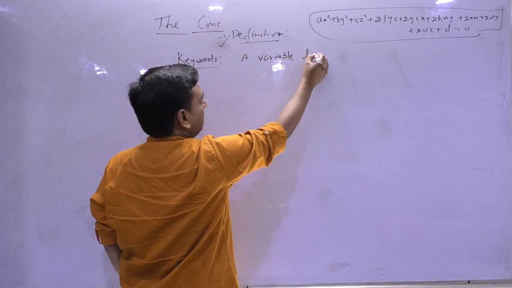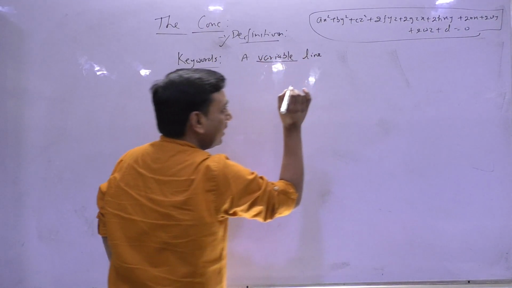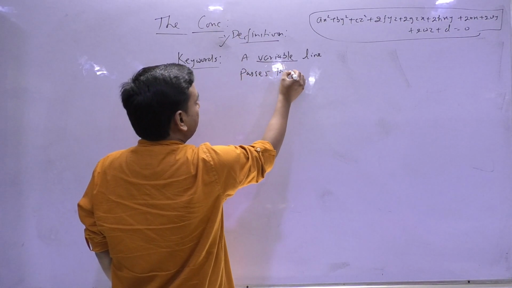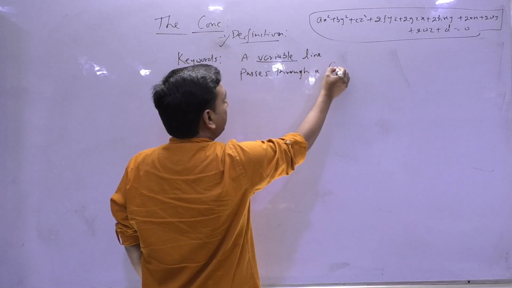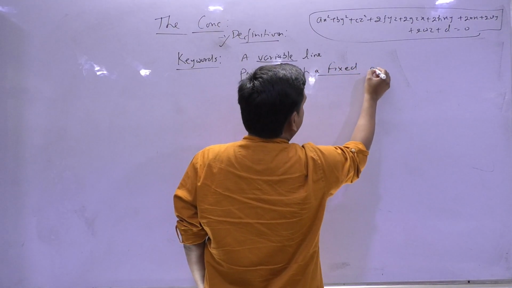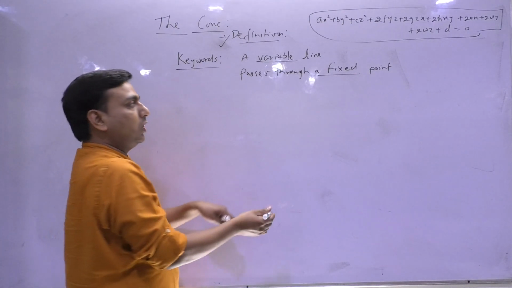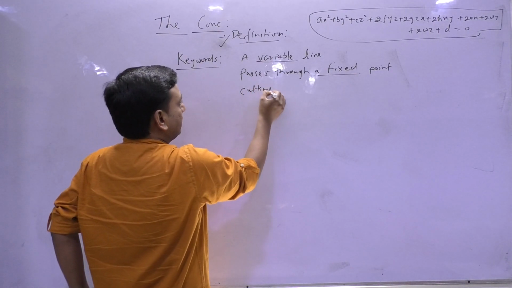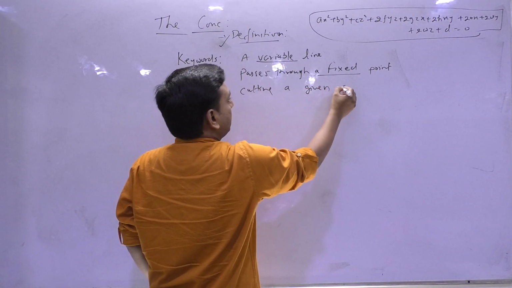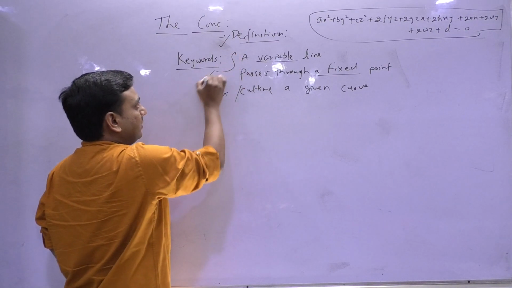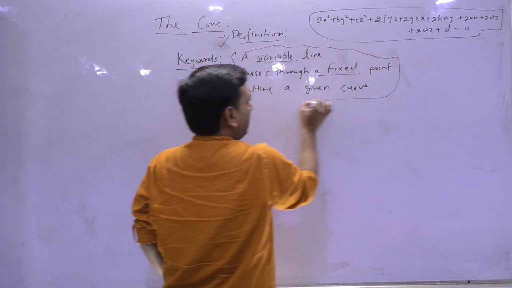Please focus here. A variable line which passes through a fixed point and lies on or cuts a given curve. Here the word lies is also used, lies on a given curve.